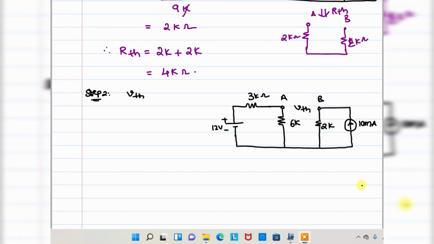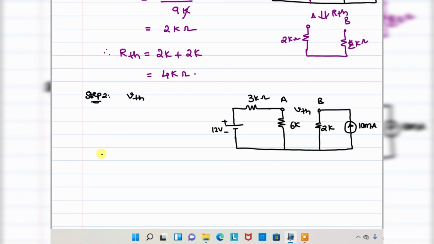Next, I am going to find the voltage difference between these A and B terminals, that is nothing but VTH. So VTH is equal to VA minus VB. Right. I am going to find VA first. How to find VA? You know, this is 12 volts.